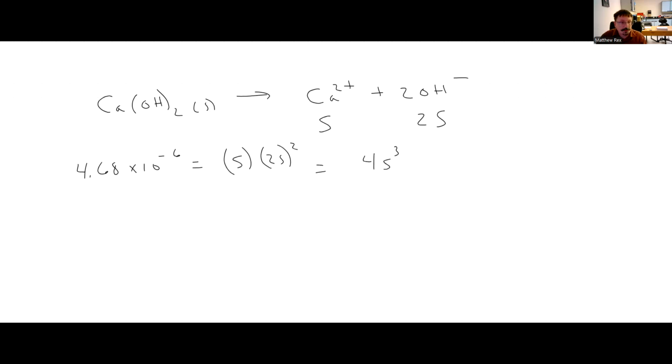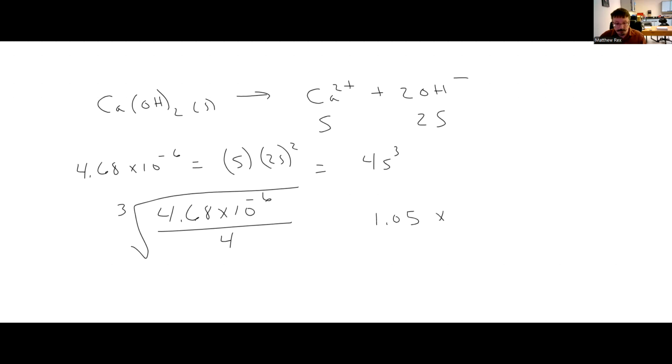So take 4.68 times 10 to the negative 6 divided by 4, and then take the cube root of that. You should get 1.05 times 10 to the negative 2, or answer A. Let me make sure. Yep.